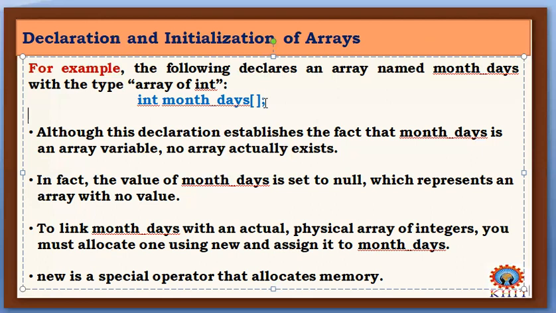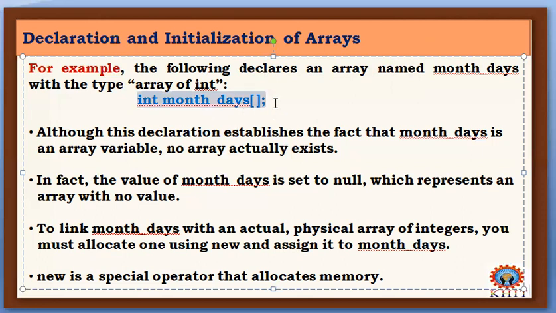Okay, then how can I allocate the values into this? That can be done with the help of the new operator. There is a special operator which allocates memory for the array. So that's what he is trying to tell you in this last point. New is a special operator that allocates the memory. If you declare like this, it will only declare a variable.